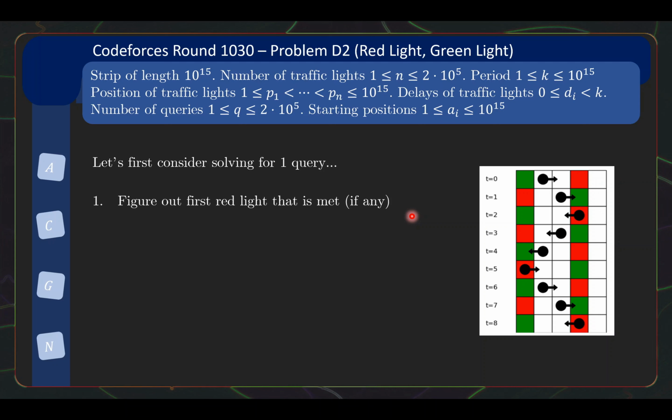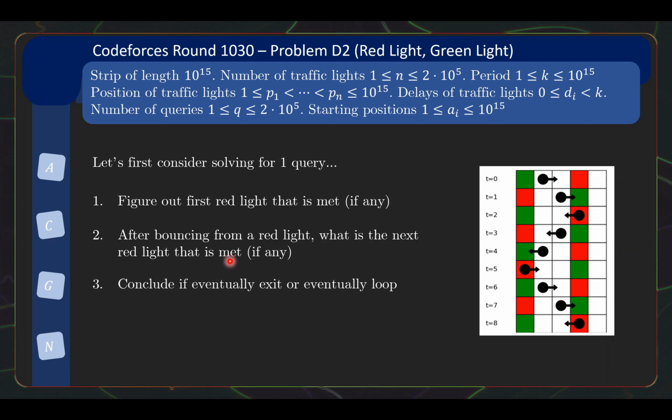But if you hit some traffic light, then the question is, after bouncing from that traffic light, what is the next traffic light that is met, if any? So again, you simulate walking backwards now. See whether you meet any red traffic light. If not, you escape. If so, you repeat step 2 again. You keep repeating step 2. Eventually, you will either escape or you will realize that you have hit the same traffic light from the same direction as something you have done before, which means that you are now in a loop.